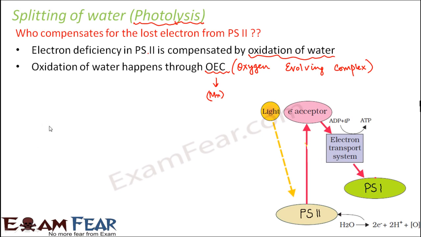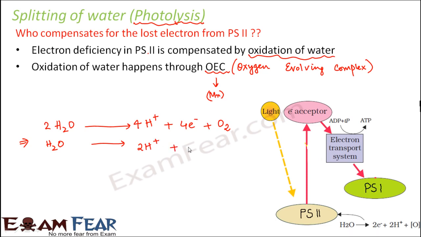So let us see how the water breaks down. This water breaks down to form the hydrogen ions plus electrons plus oxygen. Or you can write this equation as H2O gives 2 H+ plus 2 electrons plus half O2. You can write it in any of these ways.